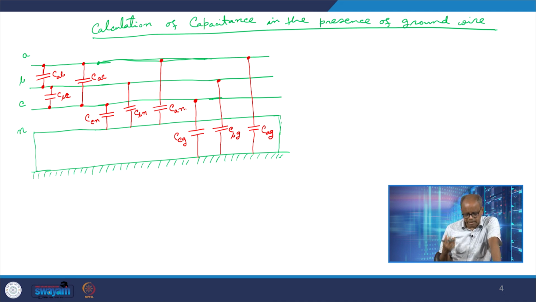Now let us see whether that is really reflected in our calculation or not. For that, we note that I can write VA, VB, VC, and VN is 0 because it is grounded.